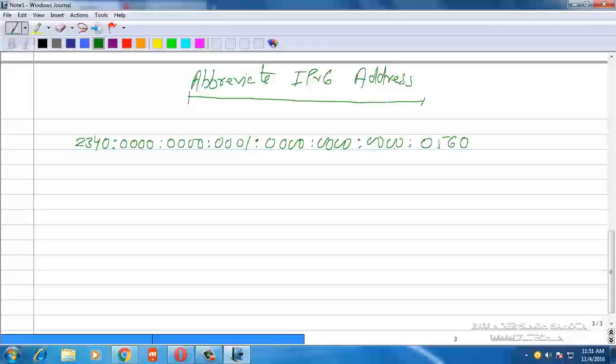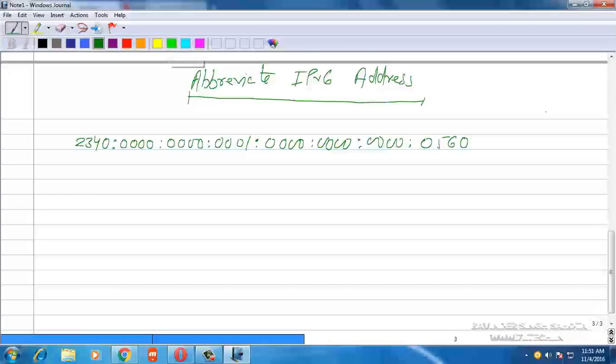Right. So this is our sample IPv6 address. And let's see how we can write this address in short form, or how we can abbreviate this IPv6 address.